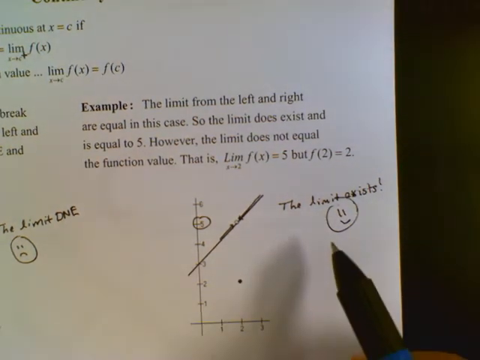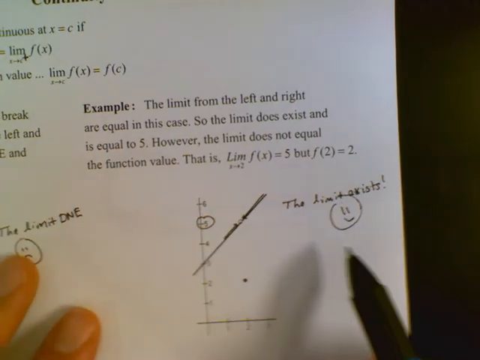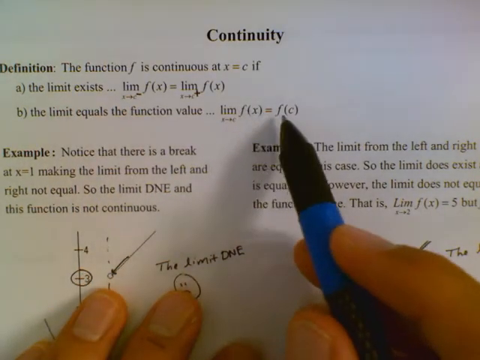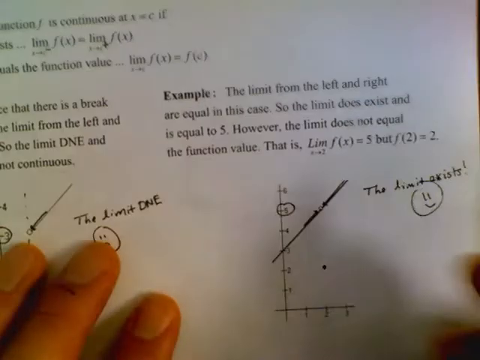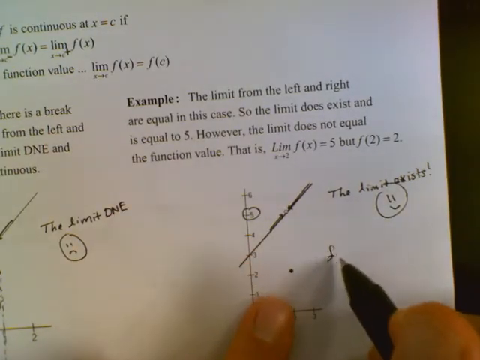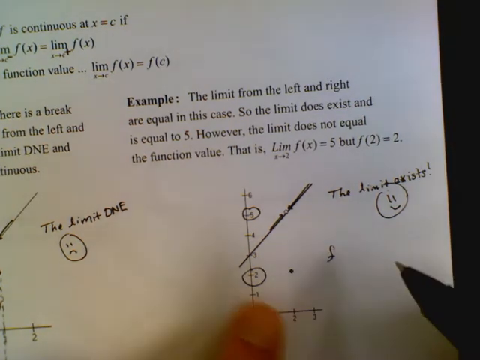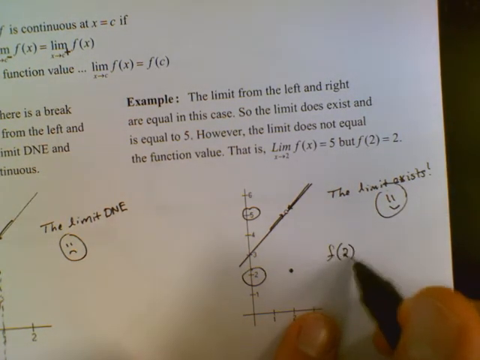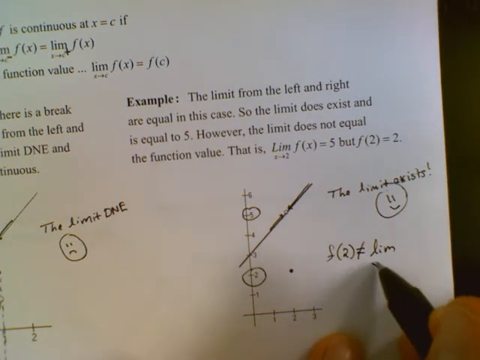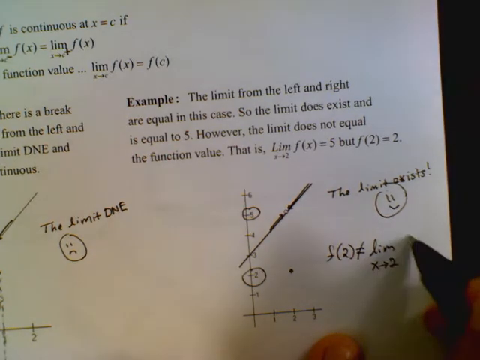All right, however, remember there's a second thing that we need to check. We need to check to make sure that the function value is equal to the limit value. Well, the limit value is 5, but the function value is 2. f of 2 is not equal to the limit value as x approaches 2.